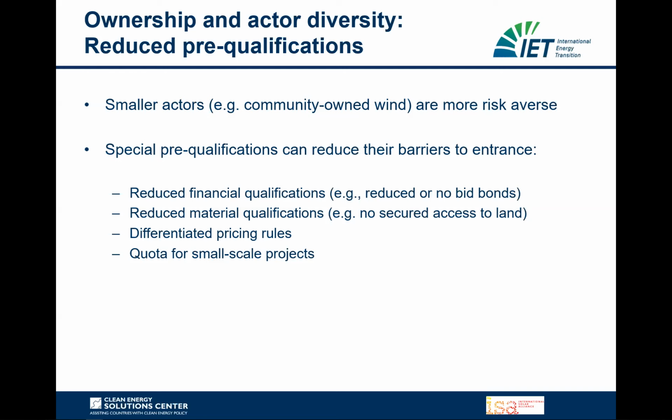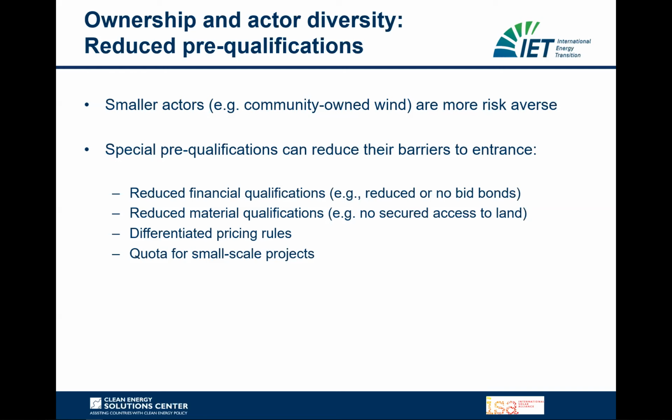Also, in some cases, you could reduce material pre-qualifications. For instance, there have been some cases where the decision-making process within community-owned projects is sometimes slower because you first of all need to get 50 people from your community on board, and then you have to discuss and come up with a common solution.